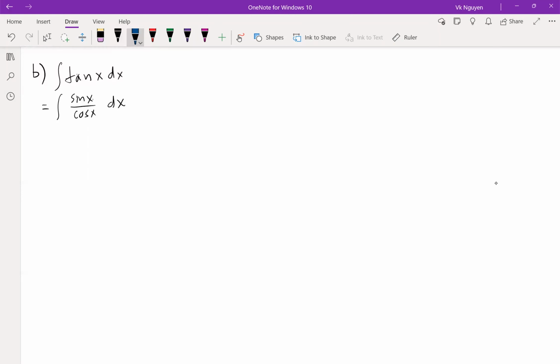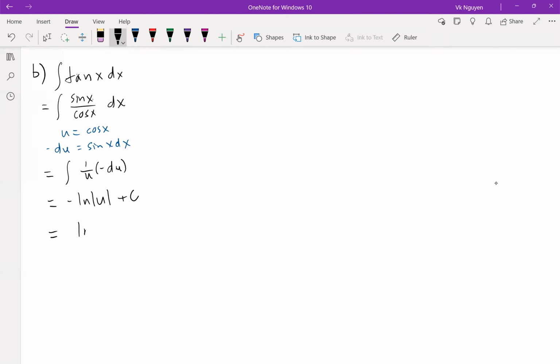And then we let u be cosine x. Negative du is sine x dx. So this would be the integral of 1 over u times minus du, right? And that would be negative ln absolute value of u plus c.